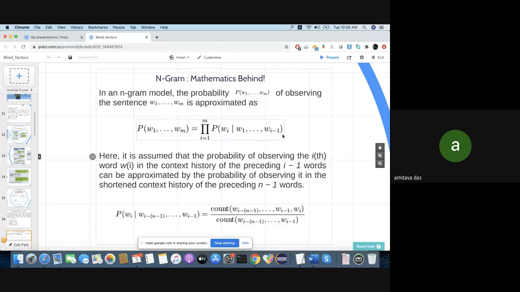Although in modern NLP it has gone bidirectional. People are not saying I will be looking at the previous words only; I will also be looking at the next words. Now you might wonder how that is possible on a mobile phone. It's not possible. It differs from application to application.